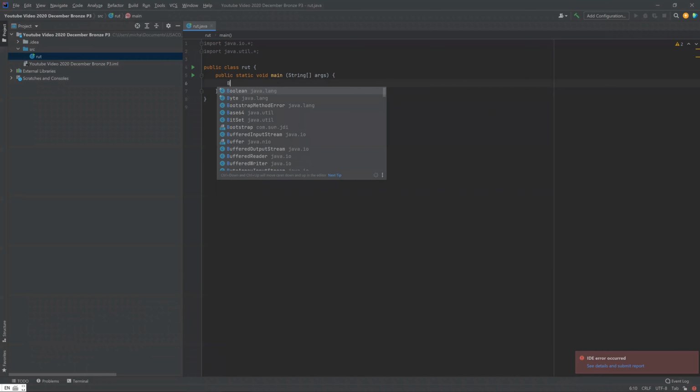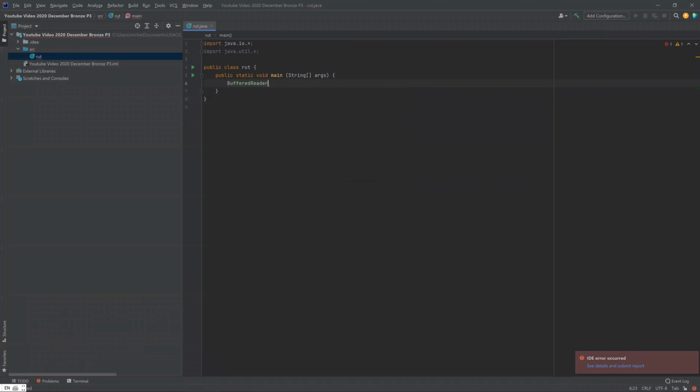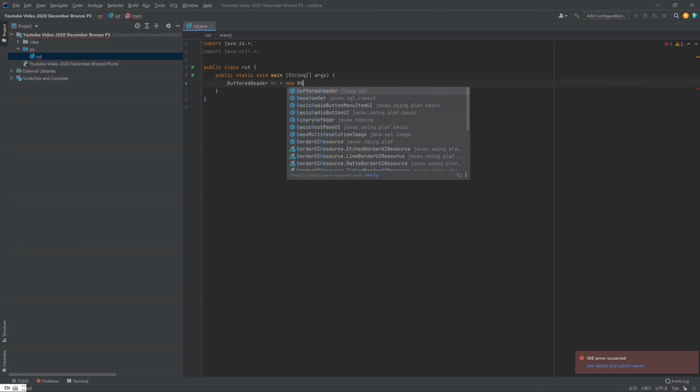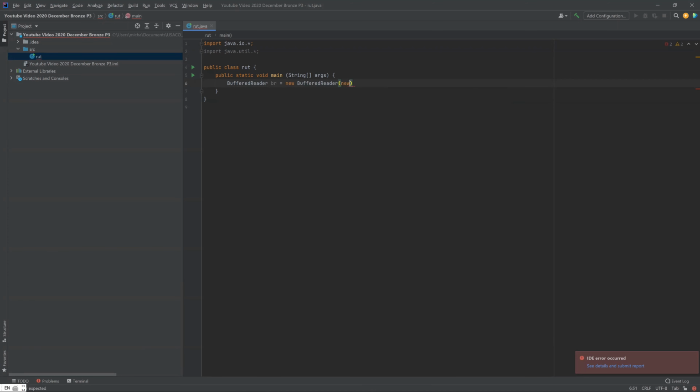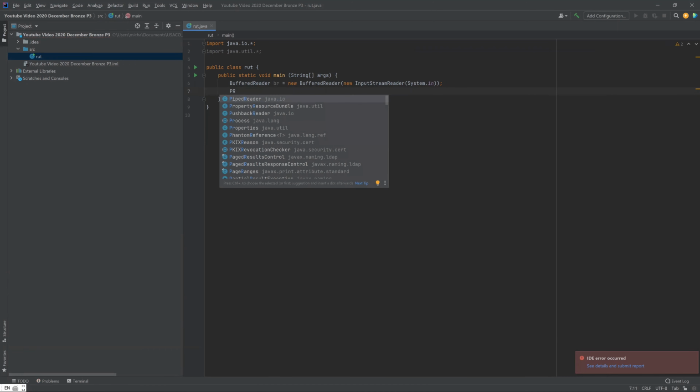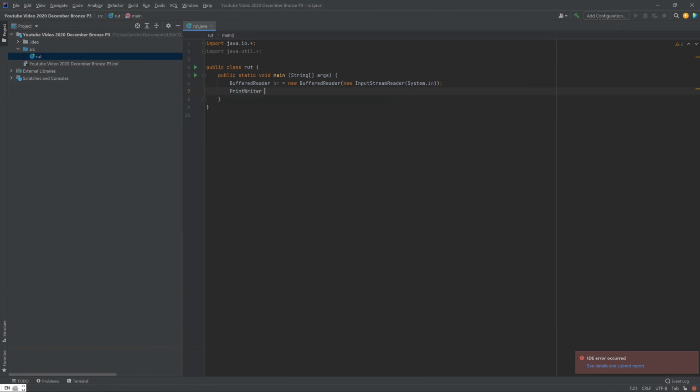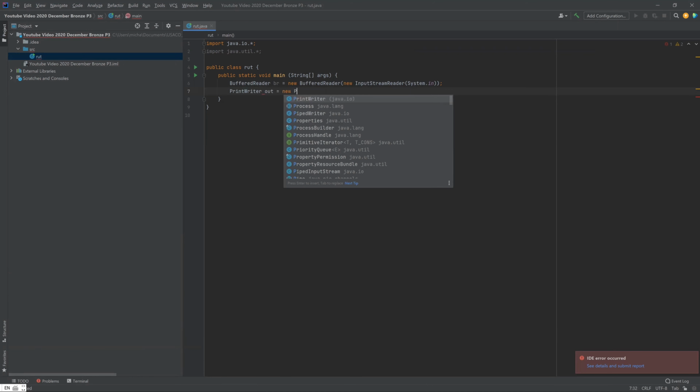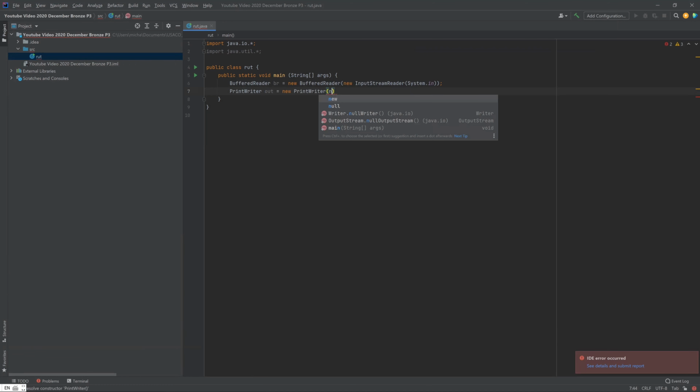So I just use a BufferedReader br, new BufferedReader, new InputStreamReader, System.in, and a PrintWriter, new PrintWriter, new BufferedWriter, new OutputStreamWriter, System.out.